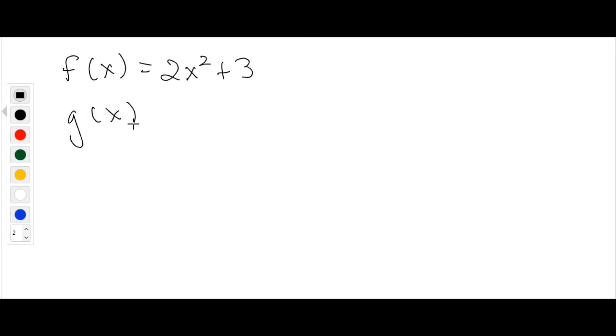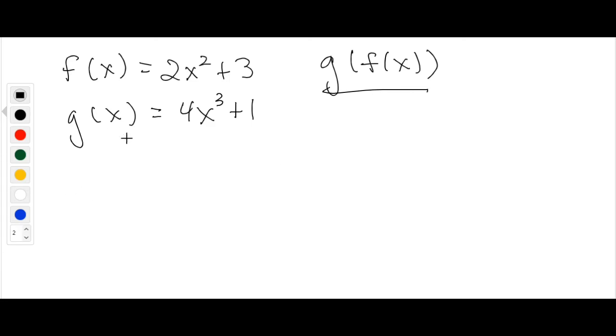Now we're going to summarize. So pause your screen if you want to give this one a try. And we're going to probably just do it one way, because you guys have seen from the example. Let's do g of f of x. Let's solve for that. In my mind, I'd be thinking, since we're doing g of f of x, f of x is going inside g.